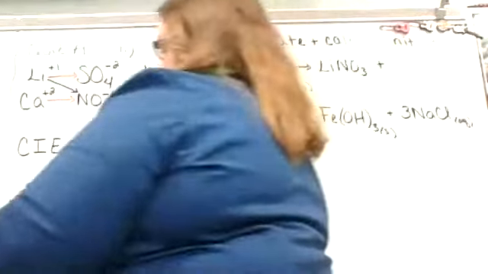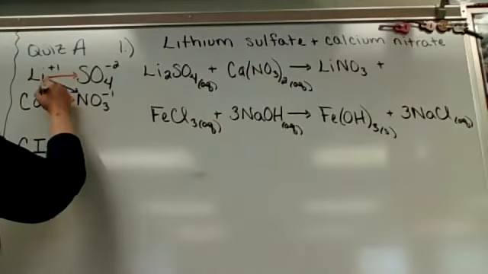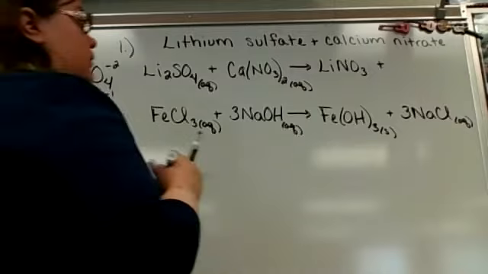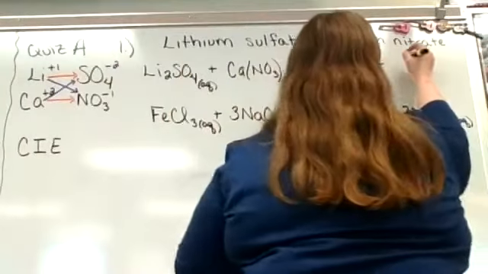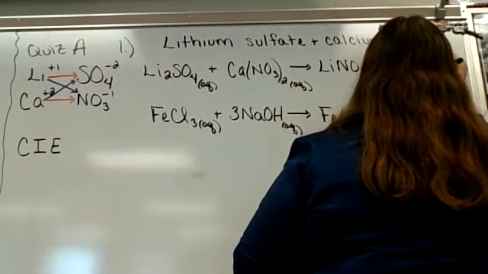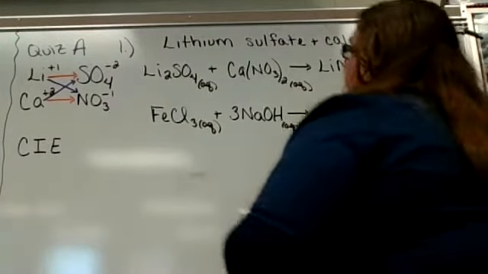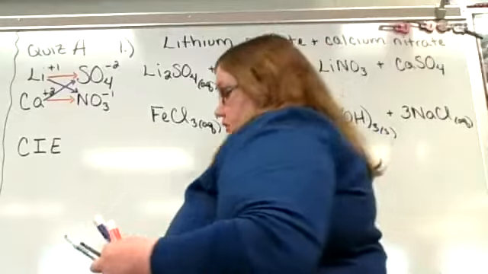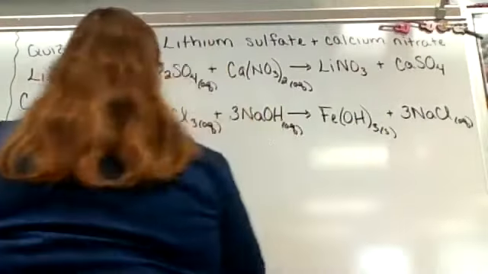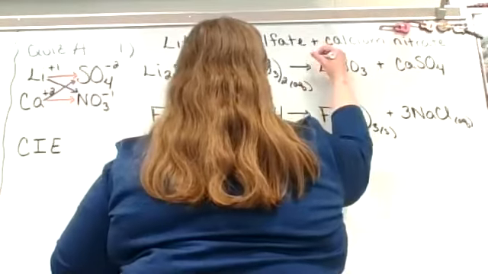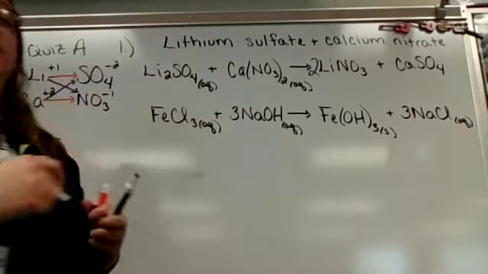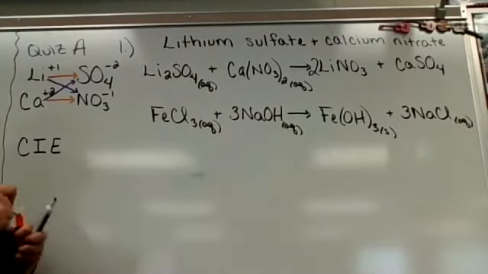And then the Ca plus 2 is going to be with the SO4 minus 2. So that would be CaSO4. And we don't know the phases yet until we use our solubility rules, but we need to balance this reaction, and it's as simple as putting a 2 in front of the LiNO3.